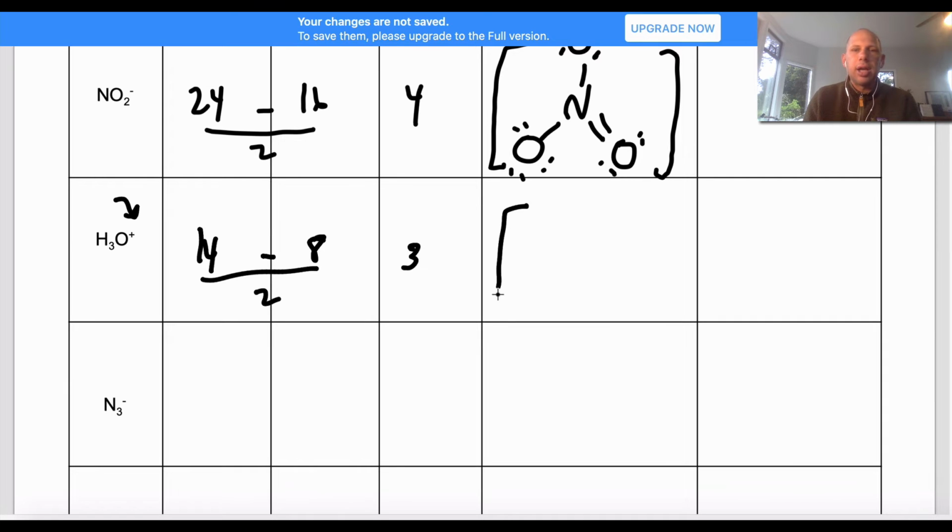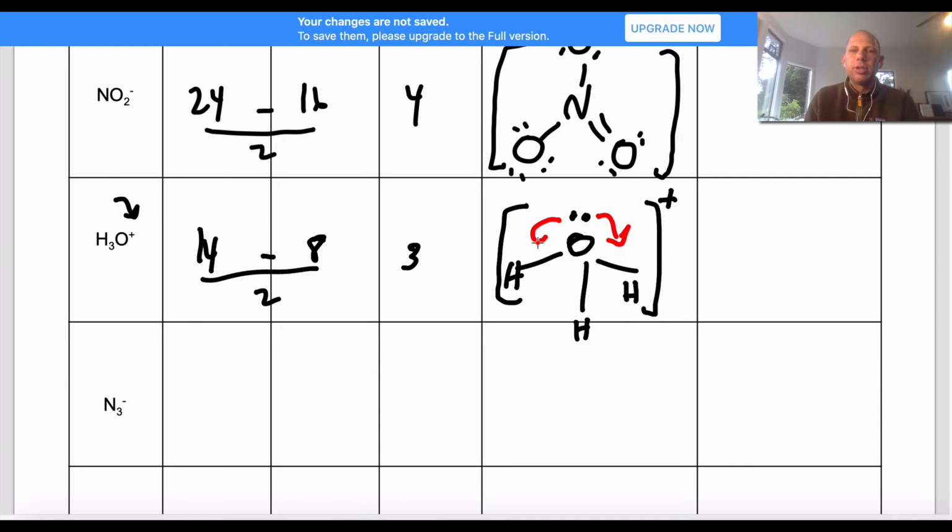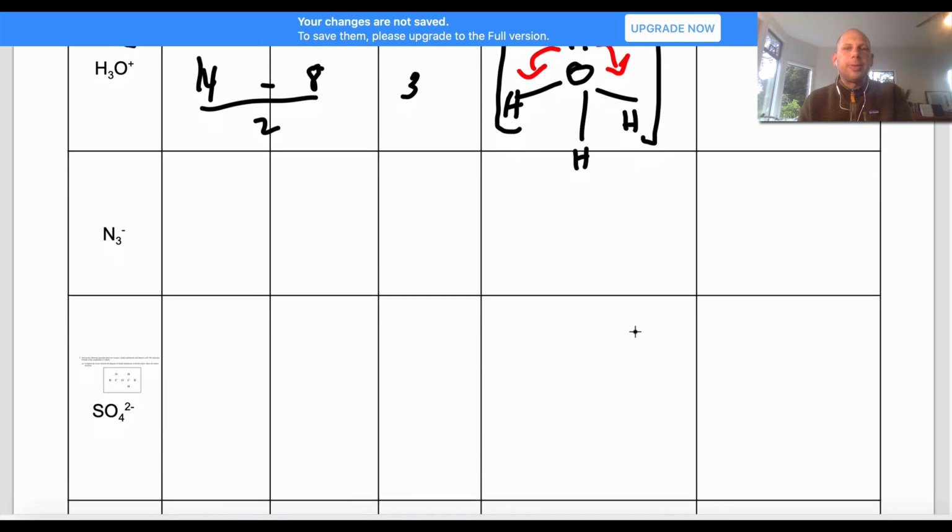It's a polyatomic ion, so we're going to go ahead and do that. And the shape is like this. And you're going to learn in today's class that anytime there's a lone pair of electrons at the top of a center atom, it's going to push these bonds down. That's going to change the shape of this molecule. This molecule is actually called trigonal pyramidal.